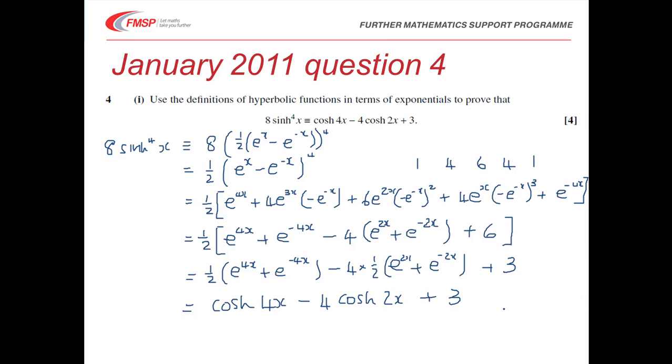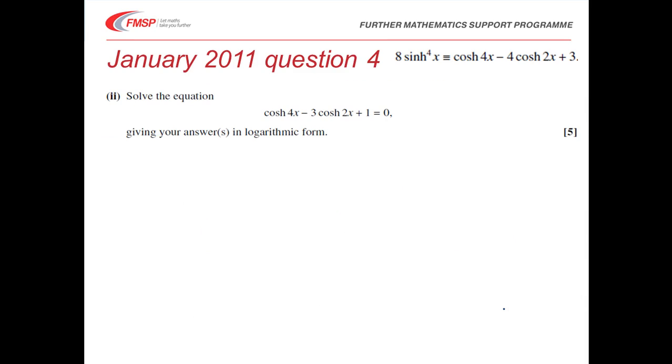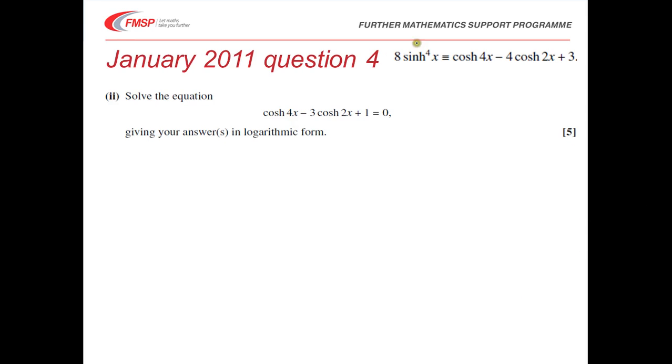So that is part 1, and we're now going to have a look at part 2, where it says solve the equation cosh 4x minus 3 cosh 2x plus 1 equals 0, giving your answer in logarithmic form. As I say, there are different ways in which you're going to do it, but I'm going to make use of this. So I'm going to rearrange that to make cosh 4x the subject.